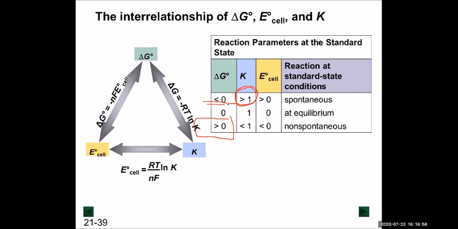When you have a negative free energy change, the product is favored at equilibrium. And for redox reactions, when the cell potential is positive, that's a spontaneous reaction. When the change is zero, the cell potential is zero, which means the redox reaction has ended. No more reaction. This is equivalent to when the battery is dead, with completely no voltage. That's because all the reactants have been consumed and reached equilibrium with the products.